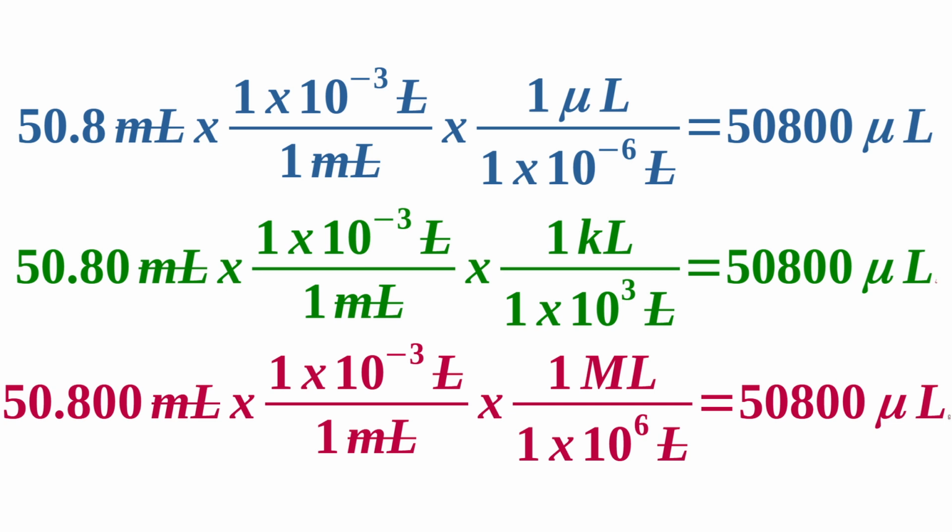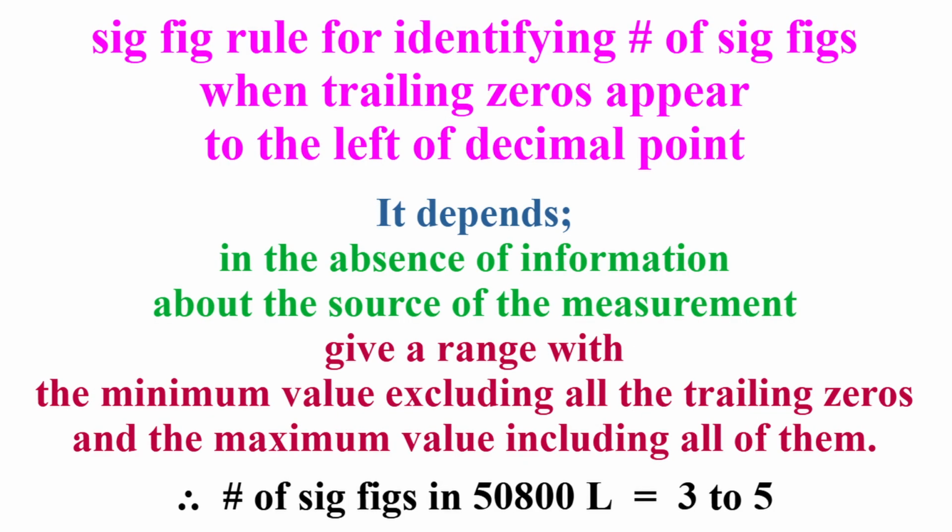In the third case, there are 5 sigfigs, the same as in 50.800 milliliters. Therefore, both trailing zeros are significant in this case. Thus, we cannot say for sure how many sigfigs there are in the absence of information about the original value.